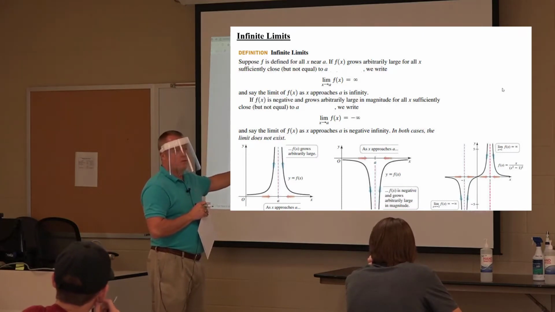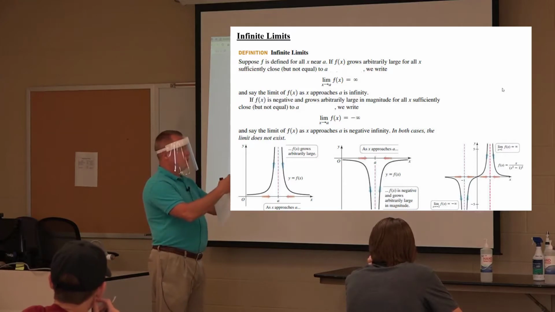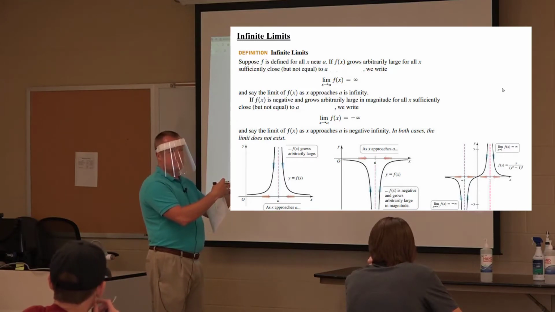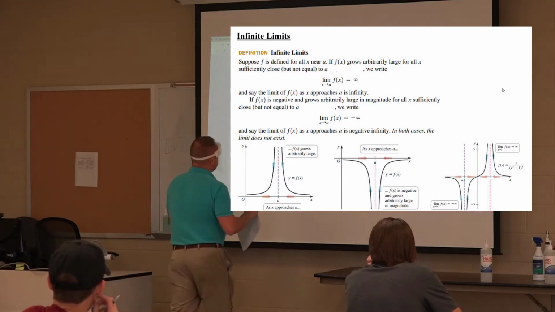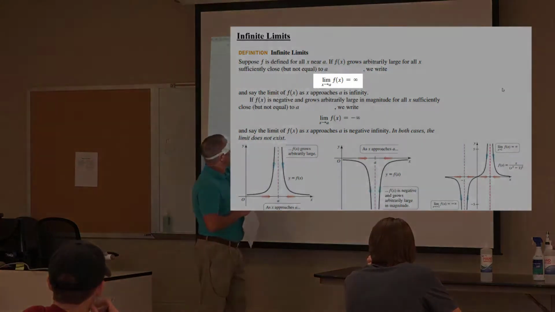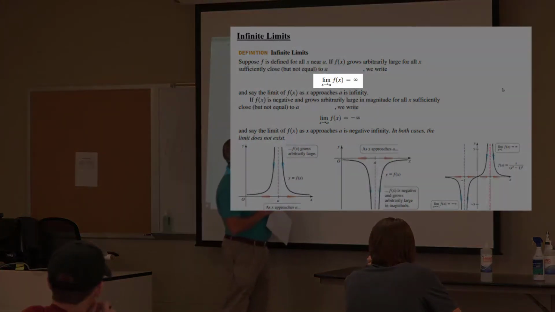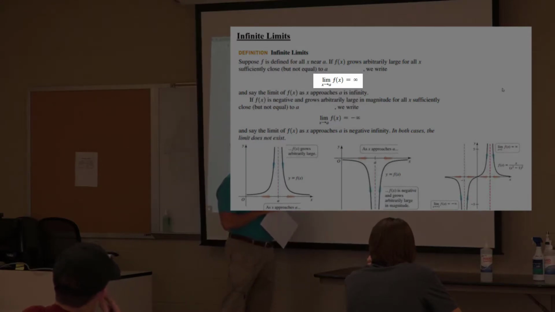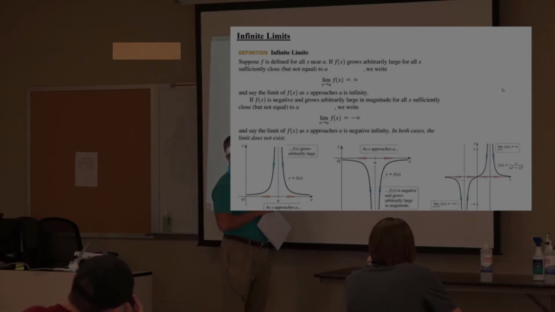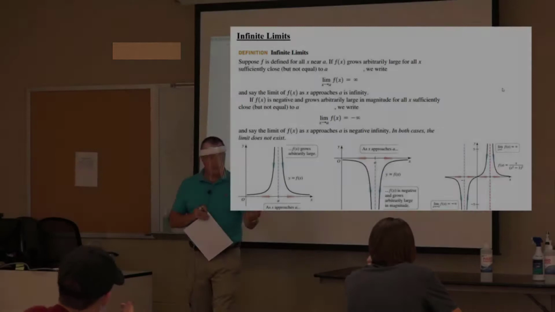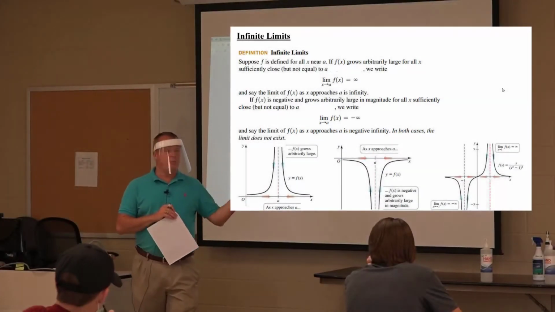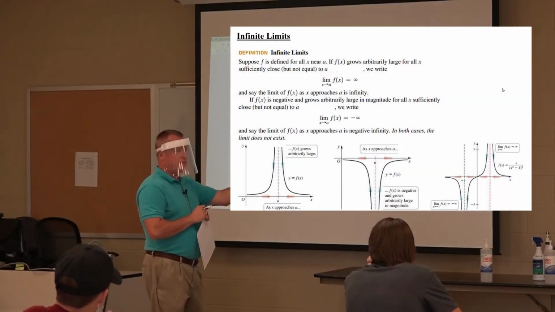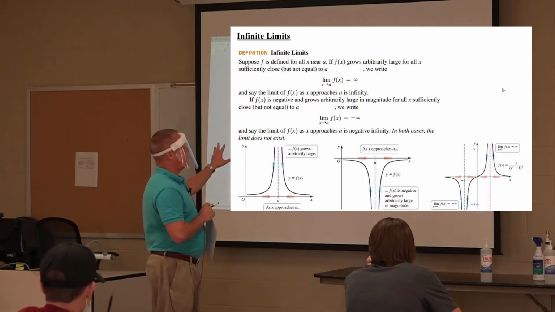But we can say that as x gets bigger and bigger, the y value grows without bound, or the y value decreases without bound. Rather than just saying it does not exist, if we can describe what's going on with the end of the thing, then we describe it.